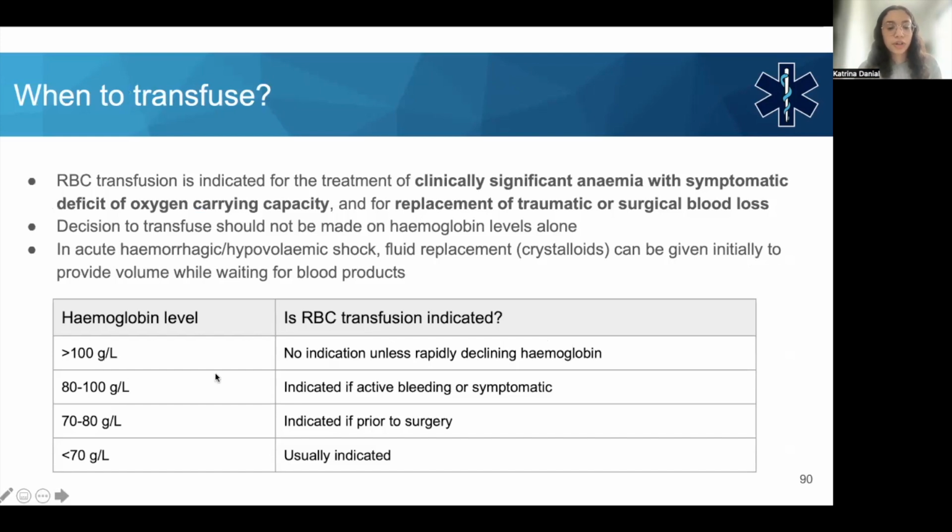Okay, so usually if hemoglobin's above 100, don't transfuse unless there's a rapidly declining hemoglobin. Between 80 to 100, we can give. 70 to 80, give. If it's less than 70, give for sure. Okay. But again, don't worry about this. It doesn't get tested. It's just for your knowledge.